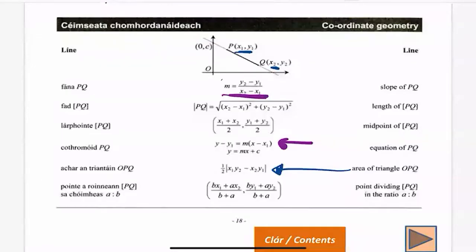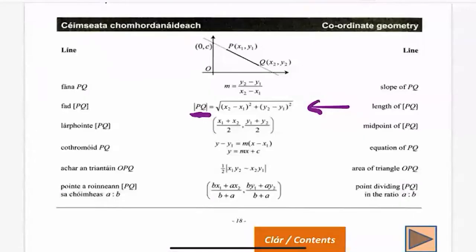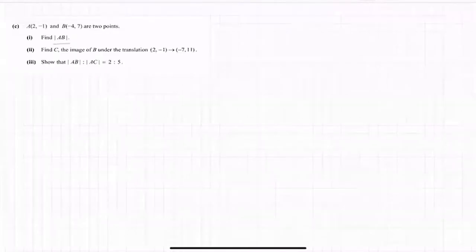If you come to the same page, same formula page, you'll see here the two lines, the length of PQ. So you have to know when you see that, that means the length of, and that you use this formula here.